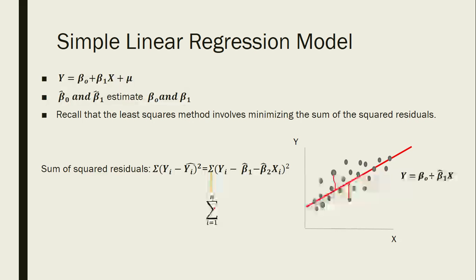Choosing a line that minimizes the sum of squared residuals makes some sense at first, as we would like those to be small. Here the question is, how do we find the values that give this line, this red one, that is the regression line? We want to minimize a certain function.